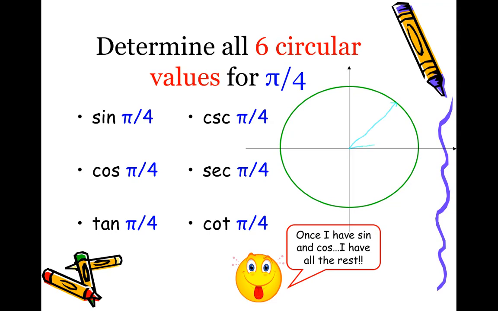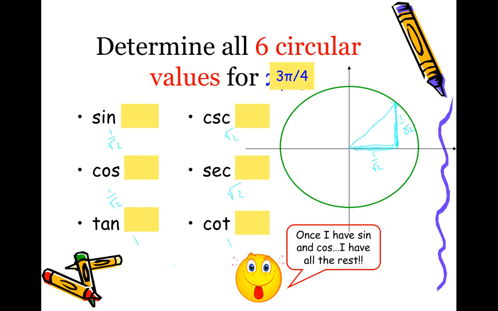It's equivalent to 45 degrees, so it's still going to be 1 over root 2 and 1 over root 2. For pi over 4, the sine is 1 over root 2. The cosine is 1 over root 2. The tangent is 1. The cosecant is root 2. The secant is root 2. The cotangent is 1.